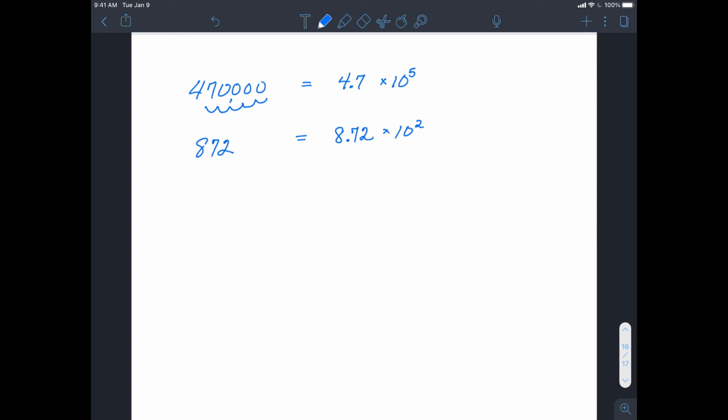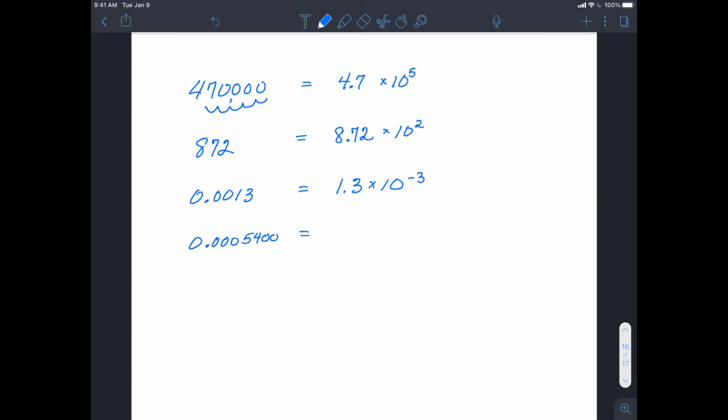Now let's take a look at some smaller numbers. 0.0013. Well, the coefficient is going to be 1.3 times 10 to some power. And since we moved the decimal point to the right to get 1.3, we need to move it back to the left 3 places in order to get back to the standard notation. One more, 0.000540.